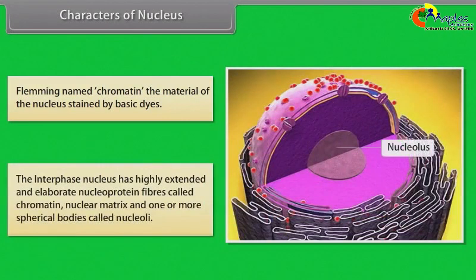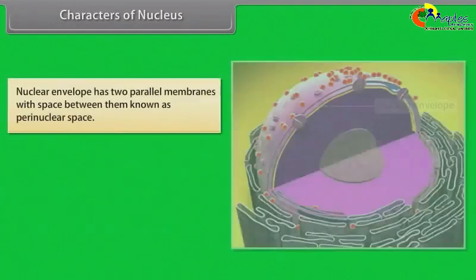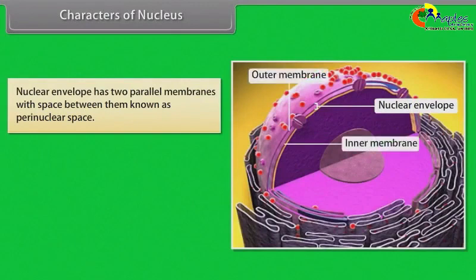The interphase nucleus has highly extended and elaborate nucleoprotein fibers called chromatin, nuclear matrix, and one or more spherical bodies called nucleoli. Nuclear envelope has 2 parallel membranes, with space between them known as perinuclear space.